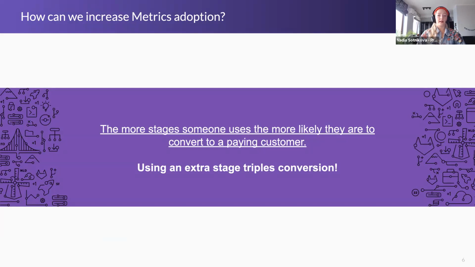If we can get our user to adopt one more stage, they will be 3 times more likely to convert to a paying customer. Knowing that, it becomes very important for us to increase the adoption of the monitor stage. And specifically right now, we're focusing on the metrics dashboards. So how can we get GitLab users to adopt metrics? What are the things that we can be doing to make it easier?